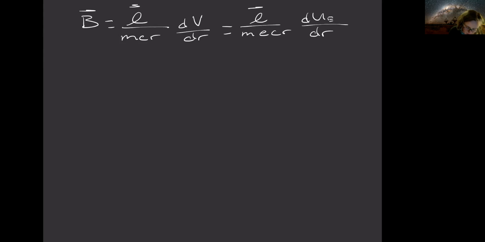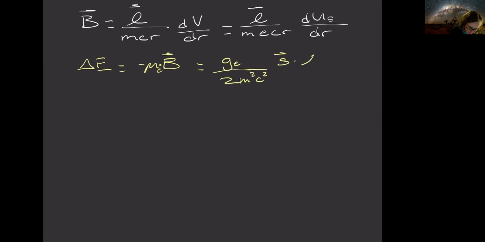Okay, so that shows us that the change in energy for an electron with a magnetic moment mu_e in the magnetic field B is equal to the Landé g factor over 2 times m squared c squared, S dot L over r, dU/dr.